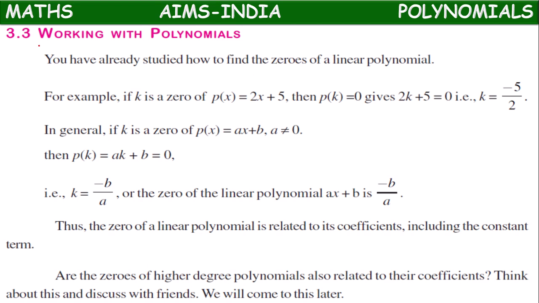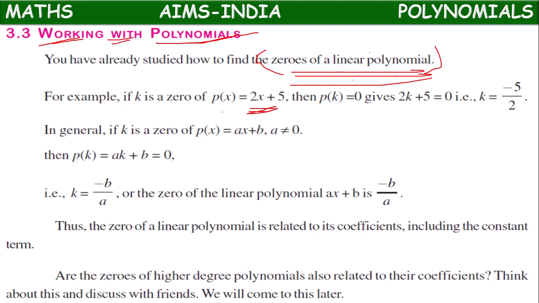Next one, working with polynomials. Just now we have learned how to find zeros of a polynomial. In a previous class also we learned how to find zeros of a linear polynomial. Say p of x equal to 2x plus 5, and p of k equals 0.